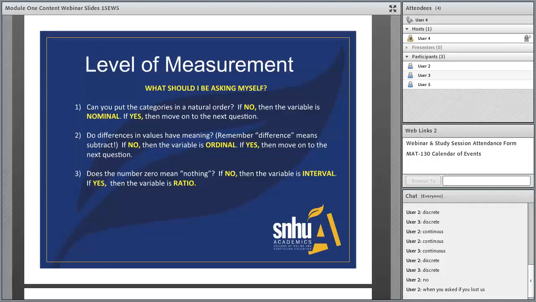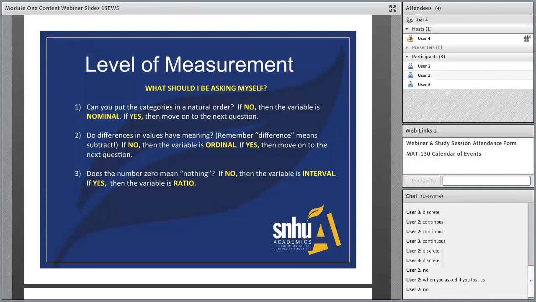Right, so the different categories in nation of origin would be United States, Canada, Mexico, Jordan, Israel, Syria. Is there kind of a natural order that all of these different nations fall into? No. Good.